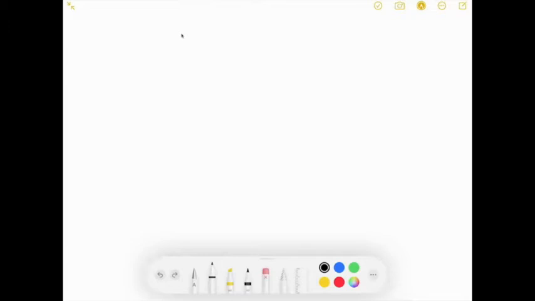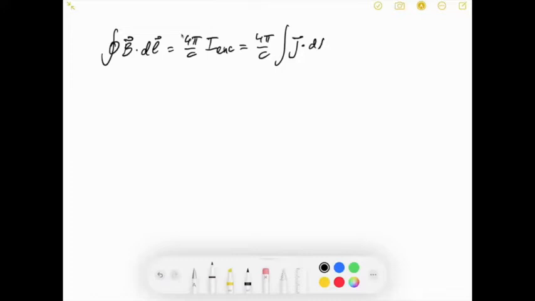So we had this integral of B dl, and that was 4 pi over c times I. And this I sometimes would be called the I enclosed, and we call that I enclosed because actually what we're talking about is an integral of current density over surface area.